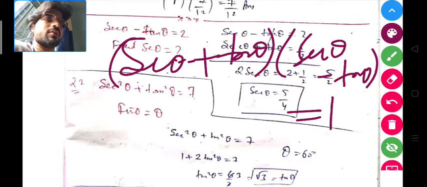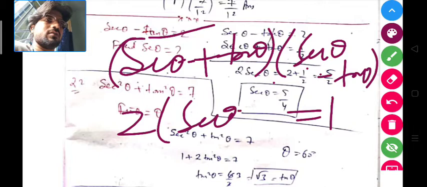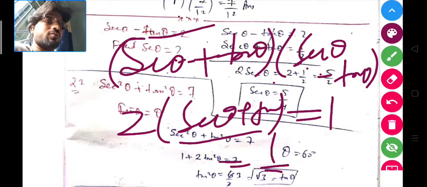So sec theta minus tan theta is given as 2 here from the question. So we have 2 times sec theta plus tan theta. So sec theta plus tan theta will be 1 by 2.